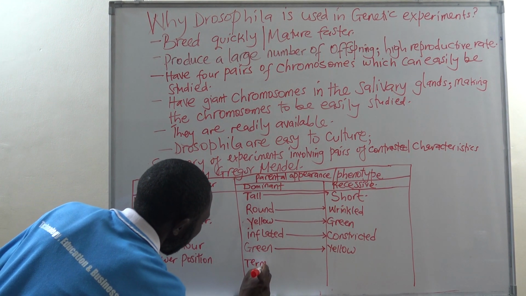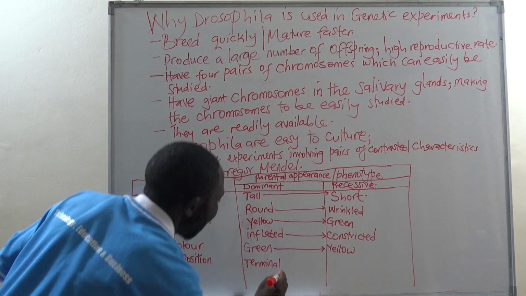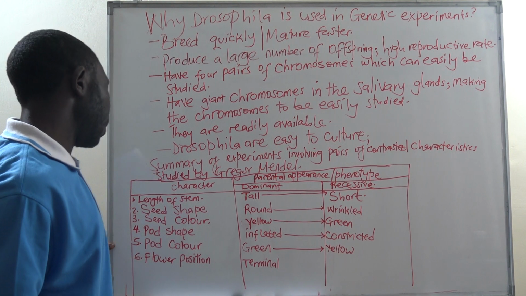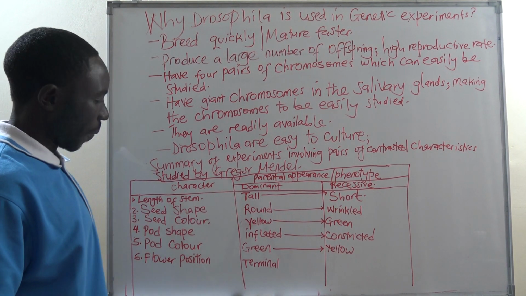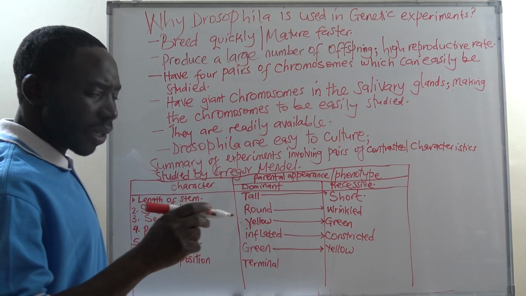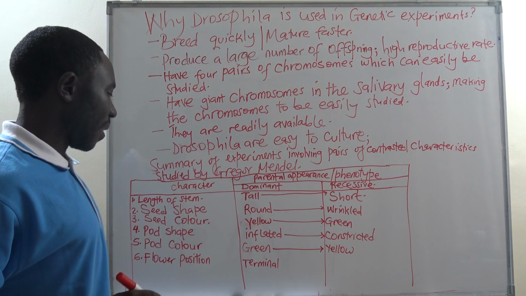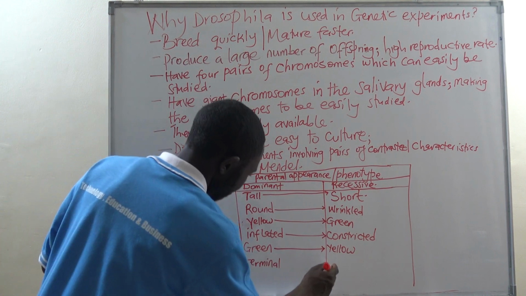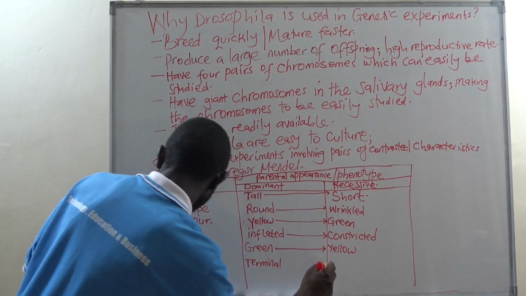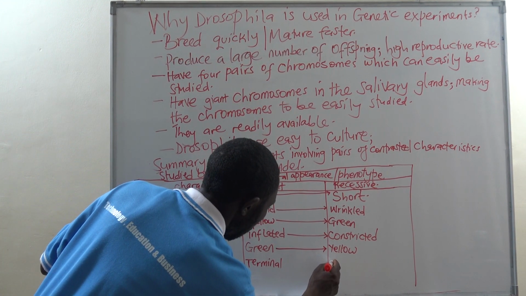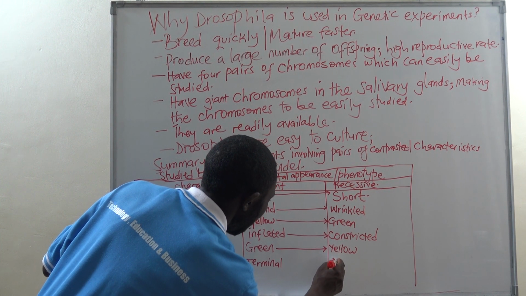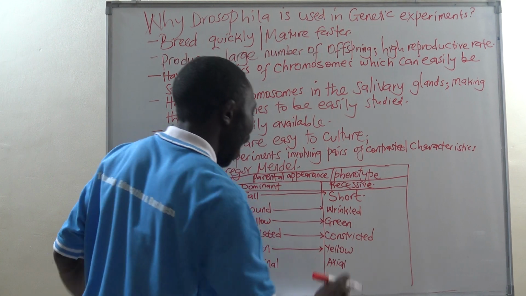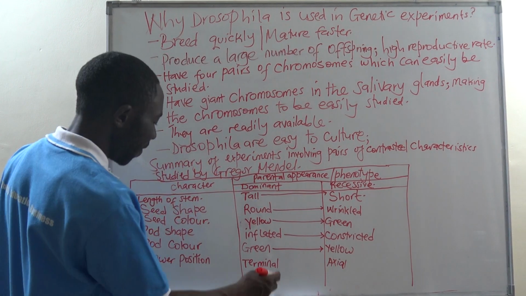When flowers appear at the apex of the shoot, then we say it is terminal. Then the recessive form of the character is axial. So when flowers appear at the sides or on the branches, then we say they are axial.